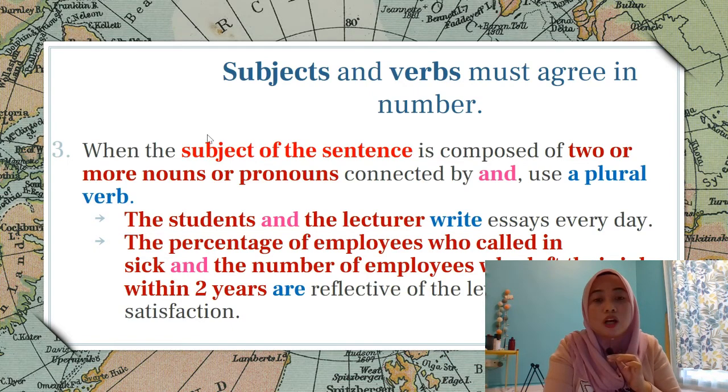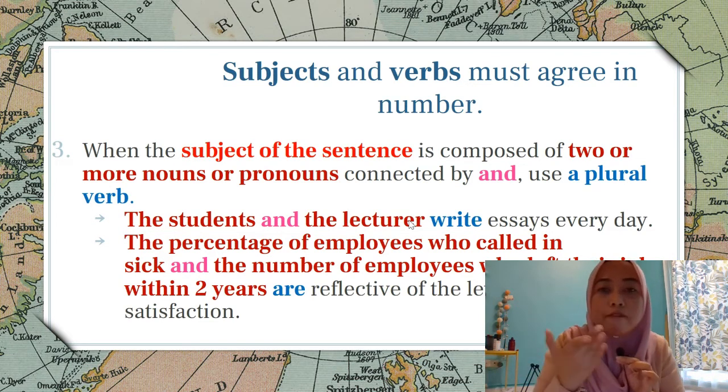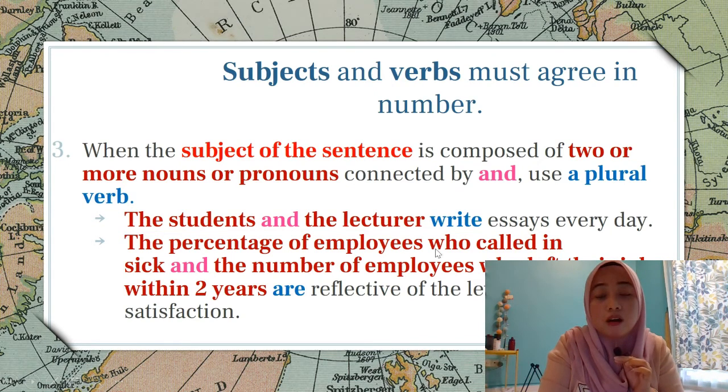So here, subject, verb, object. If you guys are confused about subject, verb, object, my rule of thumb is basically go and find the verb first. So here, the students and the lecturer write essays every day. I go and find the verb. Obviously, the verb is write. So I would know that anything that comes before it is the subject.